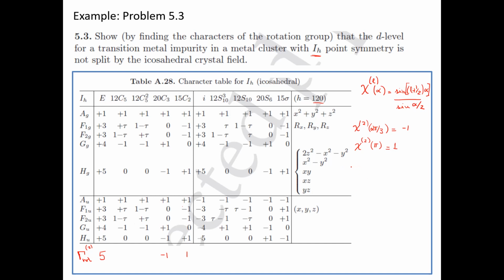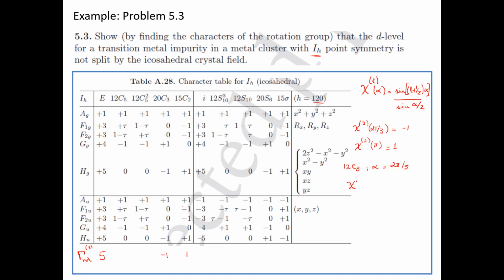For the 12 C5, we need to consider alpha equal to 2 pi over 5, right?